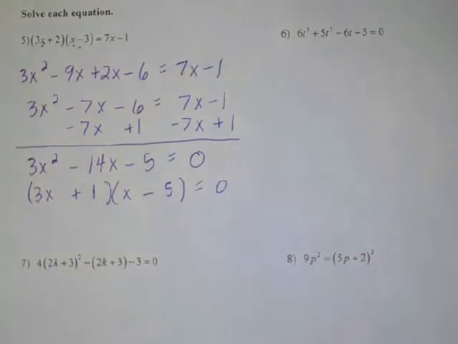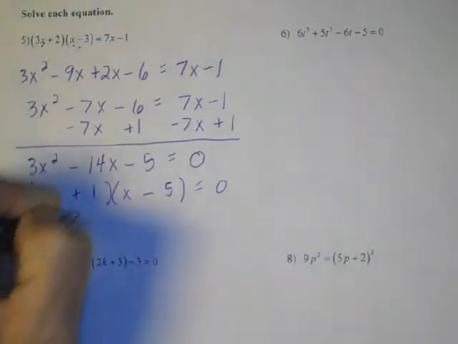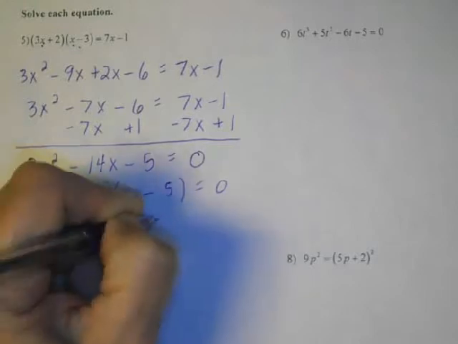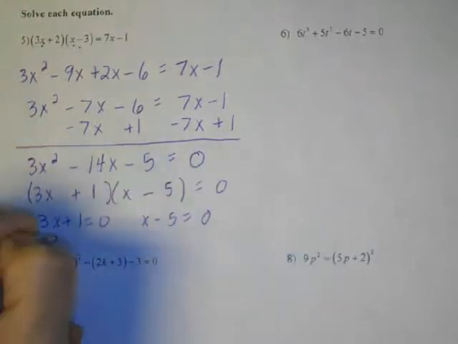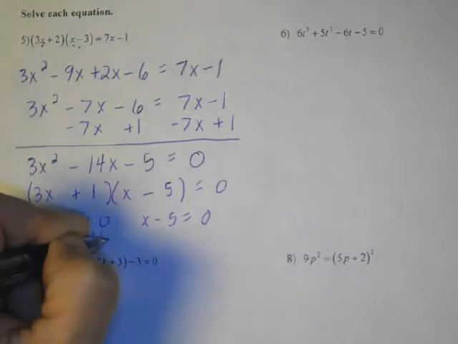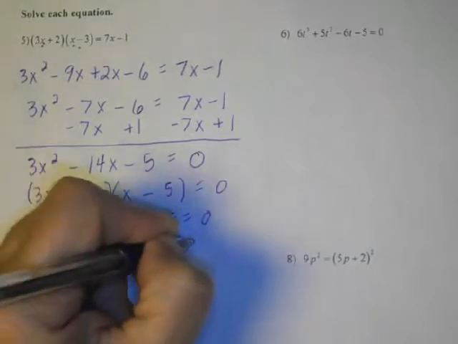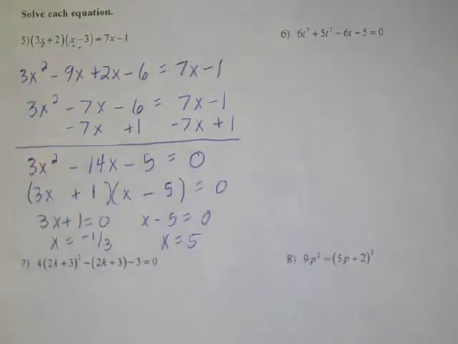Check that to see if it FOILs back out. Each of these factors will now be set to 0 and solved. X is negative 1/3 and x is 5.